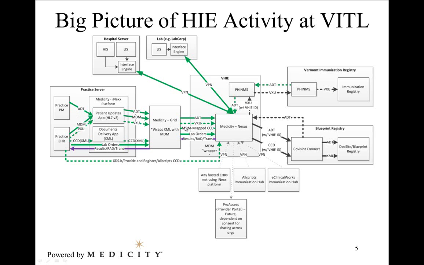Most of the green arrows are showing we're sending data to. The purple is showing where we have connections from. And then we have other entities. And so what you can also see is that we have multiple types of connections around pointing to the VHIE. And we'll talk about those different types of connections.